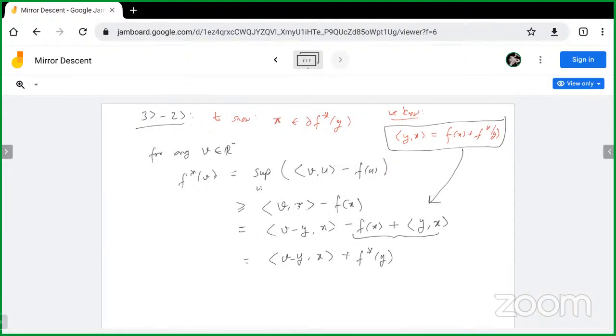Remember, I have to show this. So let's write it the other way around: f star of v minus f star of y. Remember, this is what you care about. This is exactly, in fact, at least the inner product of v minus y and x. Yeah, that's it.